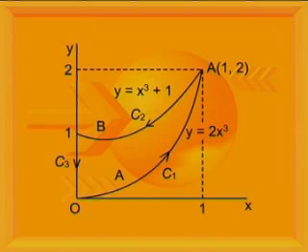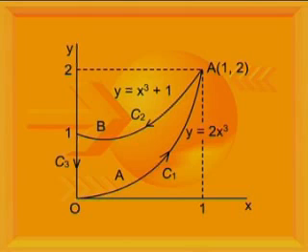Also we have another side of this closed region, that is along the y-axis. The equation of that is x is equal to 0. Let us see on the screen what I am telling you. You can see here that the curve C1 is y is equal to 2x cube, and the curve C2 is y is equal to x cube plus 1.